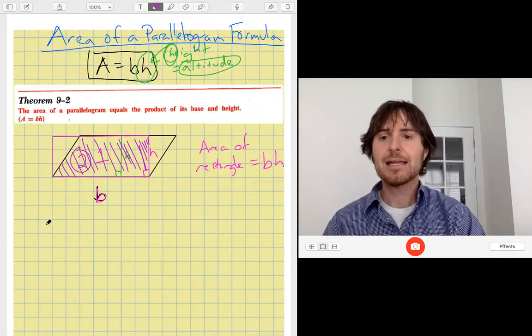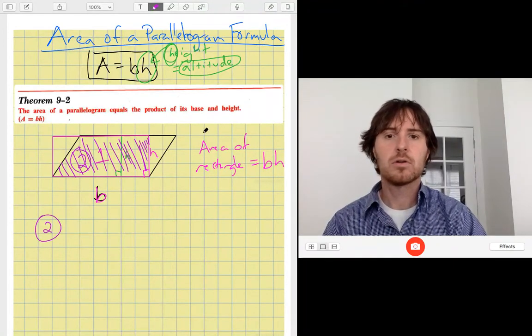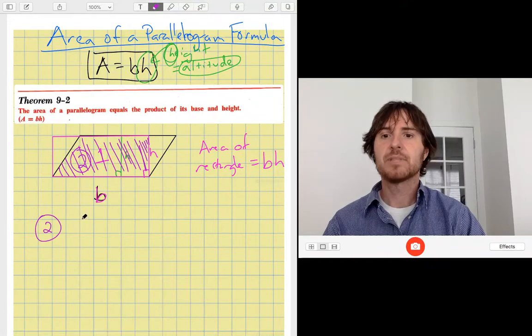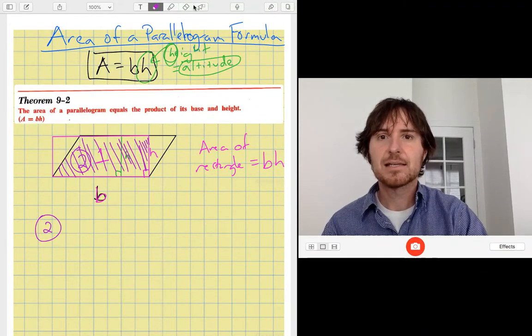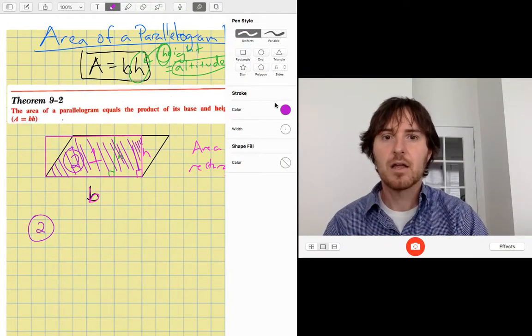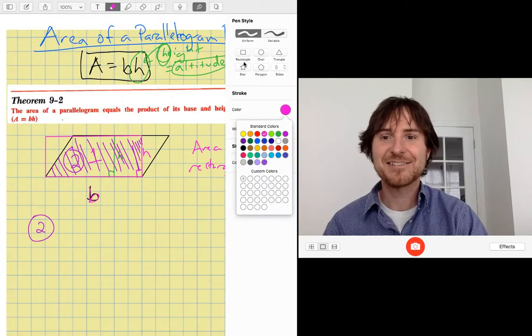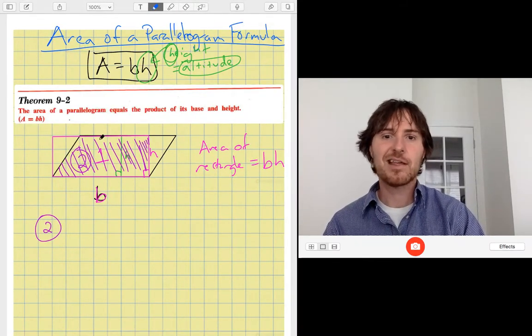So I have here area of 2, and plus, this is a messier one. Area of 2, so here it's kind of like this trapezoid type thing.